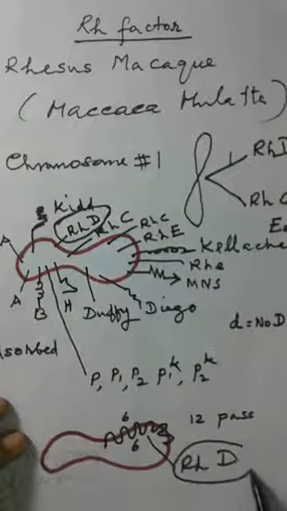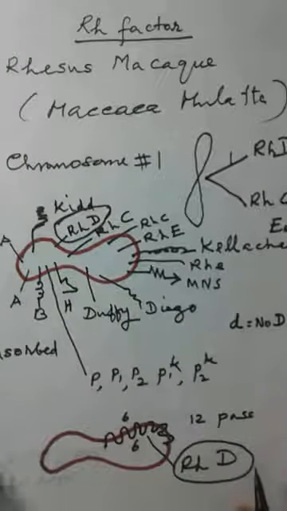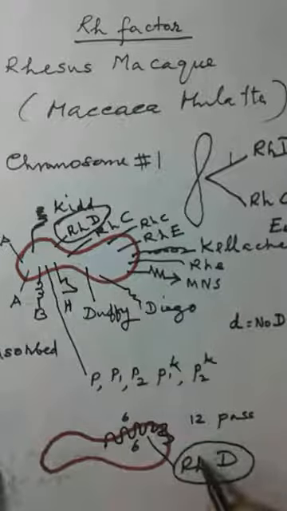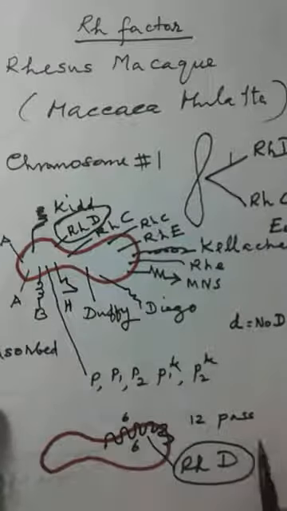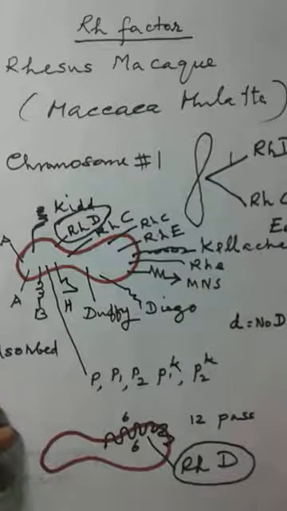RHD is protein. Unlike ABO, RHD is protein. The ABO system is carbohydrate. So just remember the basic difference between ABO and RHD.